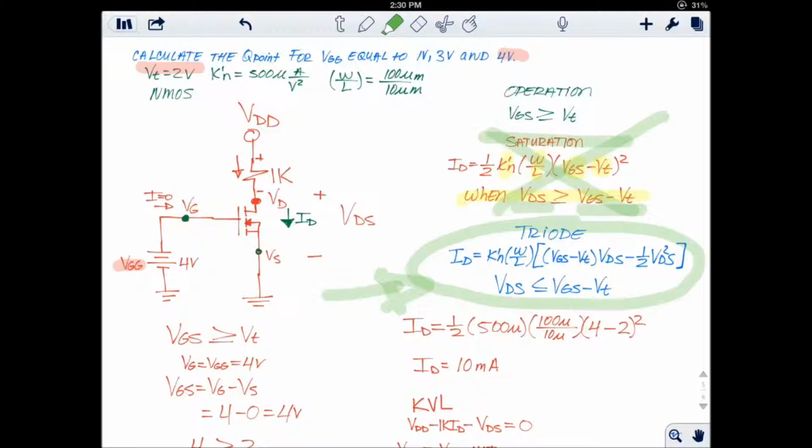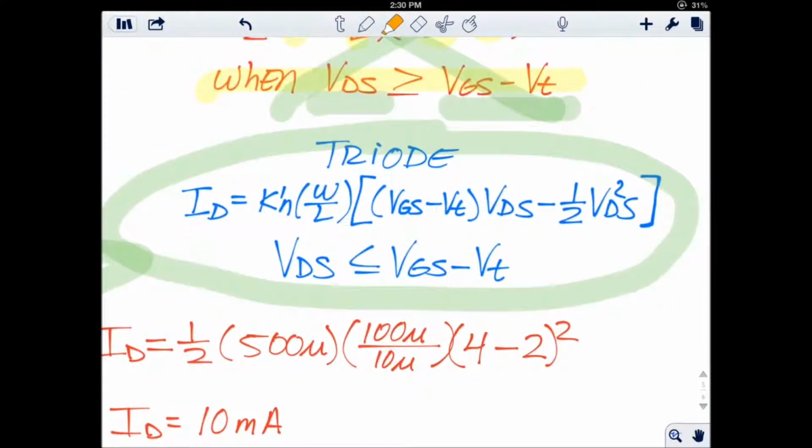To use it, we are given the width, the length, and the process transconductance parameter. We have VGS and the threshold voltage, but we don't know the voltage drop or the current. So we have two unknowns.